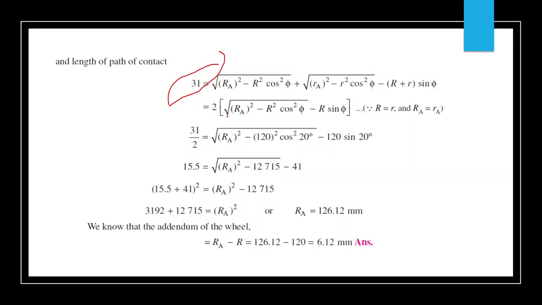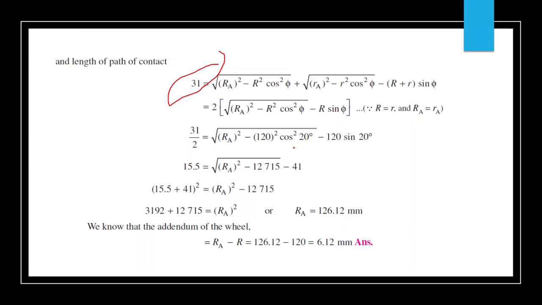That's equal to 2 times root of Ra square minus R square cos square phi, minus R sin phi, because capital R is equal to small letter r and capital Ra is equal to small letter ra. So we can rearrange this equation. Then 31 by 2 is equal to this, so 15.5 is equal to this.